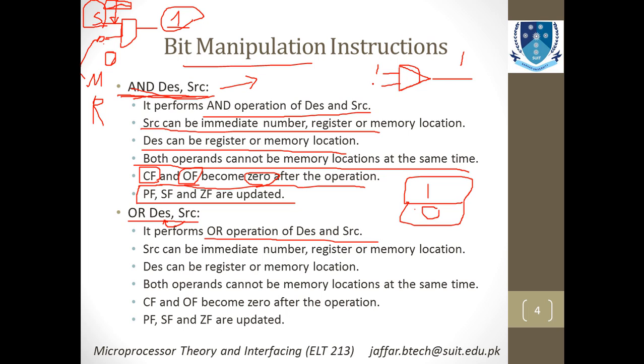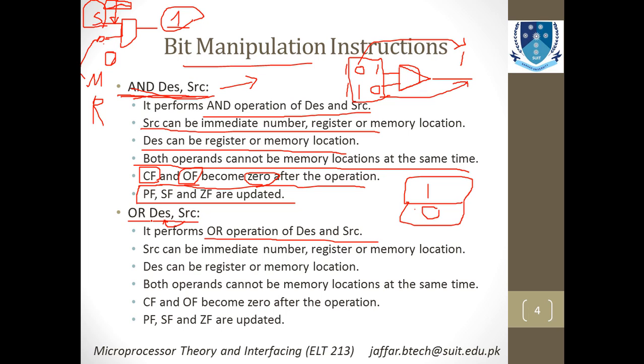You can make this one 1 and this 0, or this 0 and this 1, or you can make both of them 1. In any case, if a 1 comes at any input, the output will automatically become 1, and you see that you have manipulated the data. To take these examples, you have actually manipulated the data.